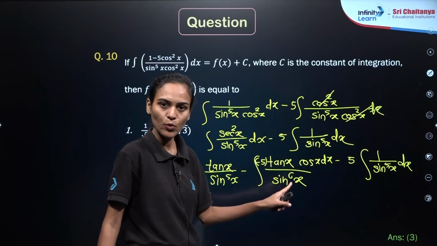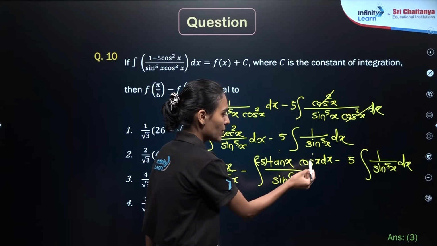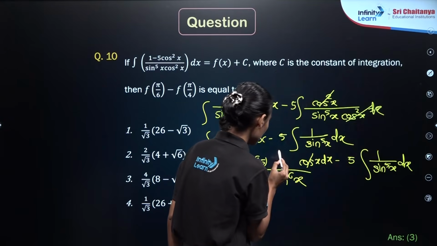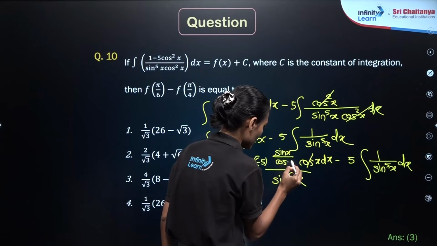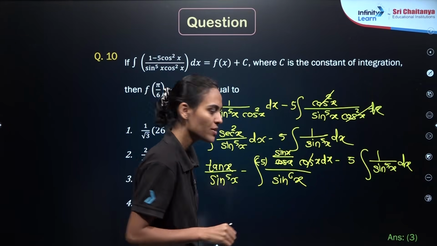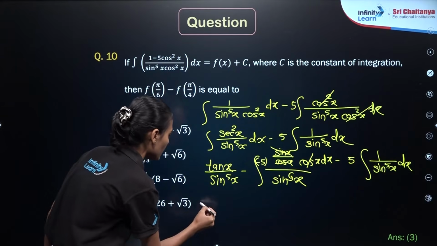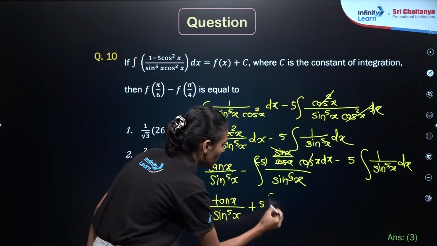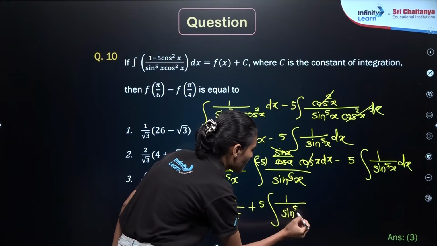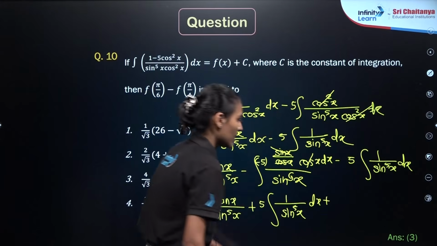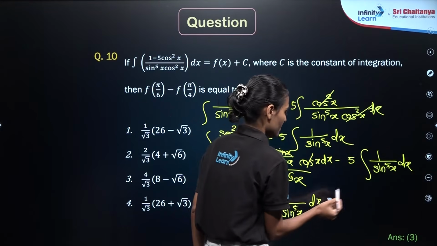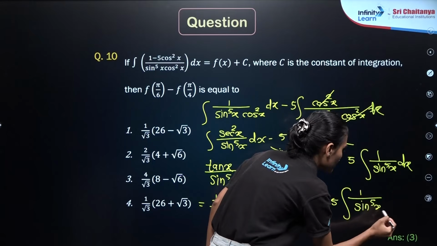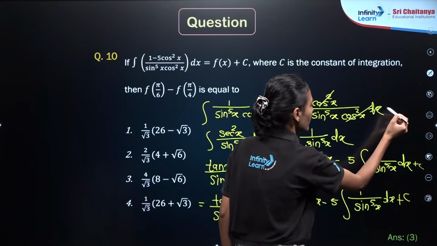Now see, tan x means sin x upon cos x. So sin x upon cos x, what will happen? Cos x with that cos x will get cancelled. I can rewrite this. So these two will get cancelled, and sin upon sin power 6 means sin power 5. So this is nothing but tan of x upon sin power 5x, minus minus plus 5 times integration 1 upon sin power 5x dx, plus, this is plus minus minus, so it is minus 5 times integration 1 upon sin power 5x dx, and the constant of integration c we can add.